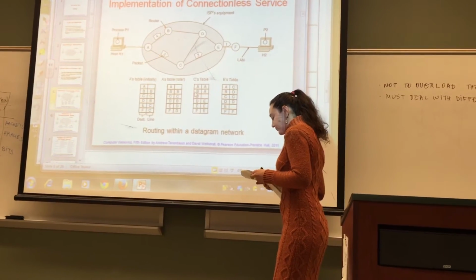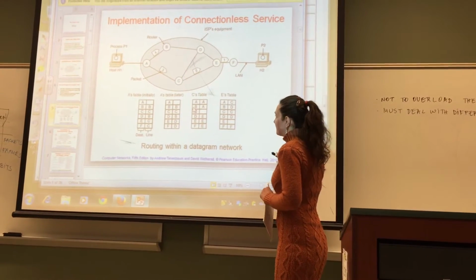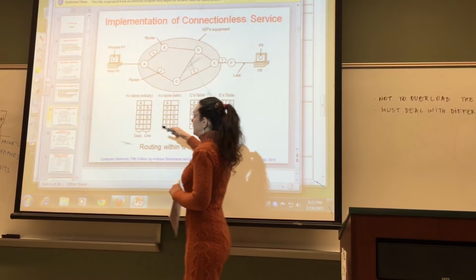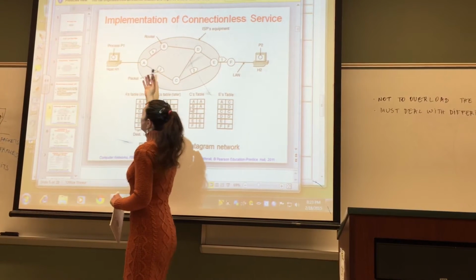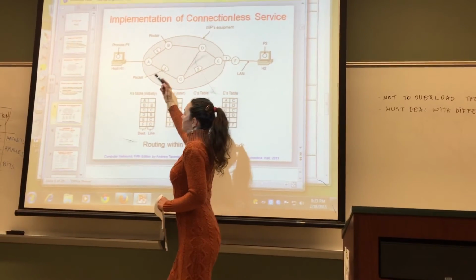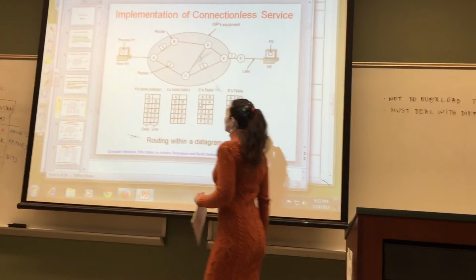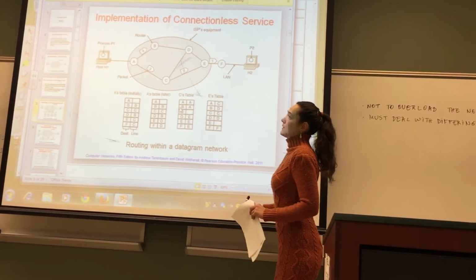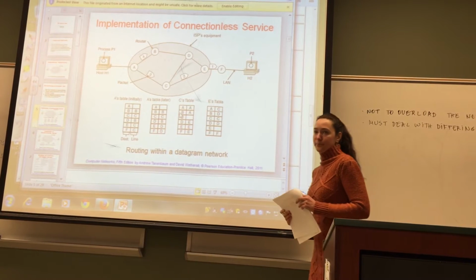Now, in this particular example, on host 1 there's a process. It could be a web application, it could be an email, it could be sending some very long email, or email with many attachments to it, and it's too big.